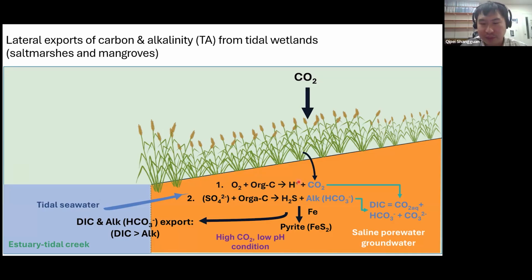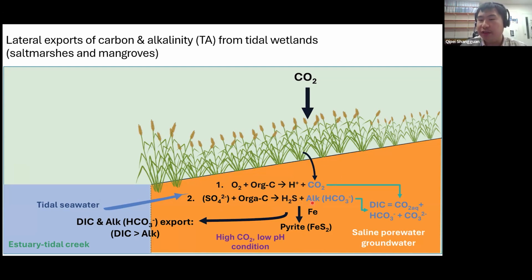Secondly, there is sulfate reduction without oxygen, which generates alkalinity, and the sulfate comes from seawater infiltration. Here, the complication is that another product is sulfur. If we want to preserve the alkalinity production, sulfur has to react with iron to form pyrite to achieve a permanent removal. Otherwise, sulfur could potentially be oxidized again and titrate the alkalinity.